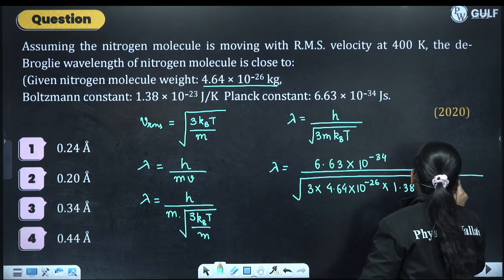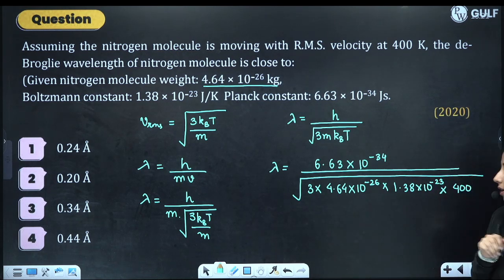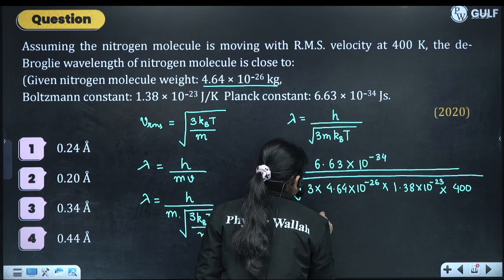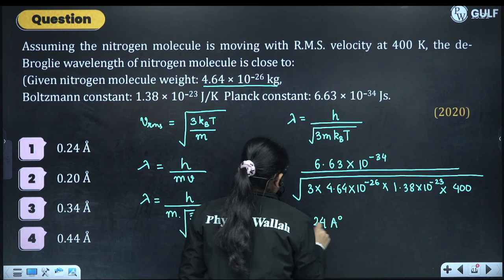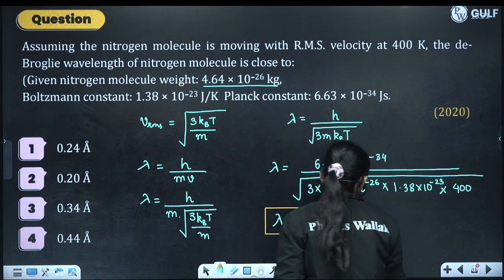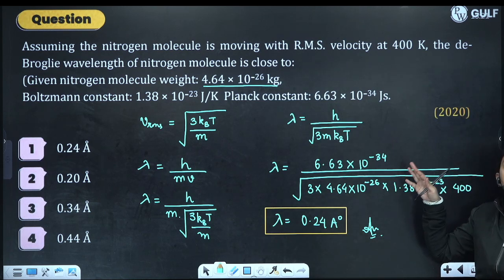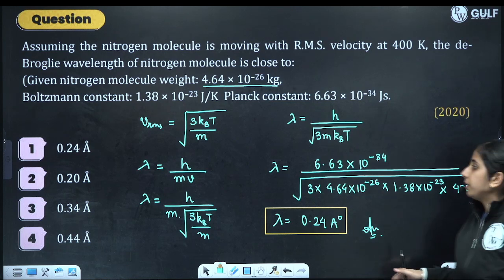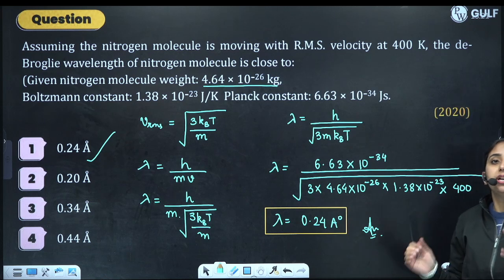Everything is given, temperature is 400 Kelvin. So on substituting all these values, we will get lambda is equal to 0.24 angstrom. This will be the answer. Option number 1 will be your answer.